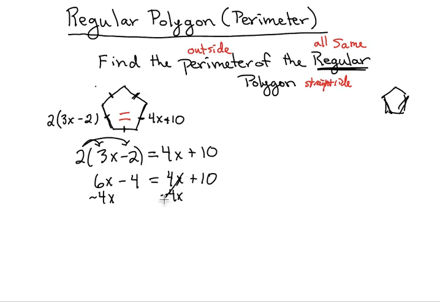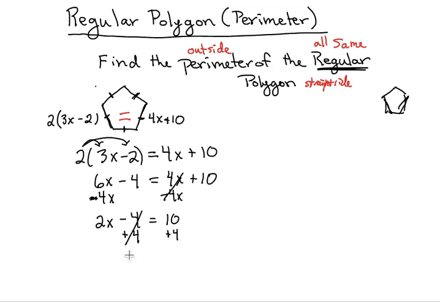So 4x minus 4x zeroes out, and we're left with 2x, because 6x minus 4x is 2x. Bring down the minus 4, bring down the equals, and on the right-hand side, I have 10 left over. Now I can cancel out the minus 4 to move it over to the other side, so plus 4 on both sides.